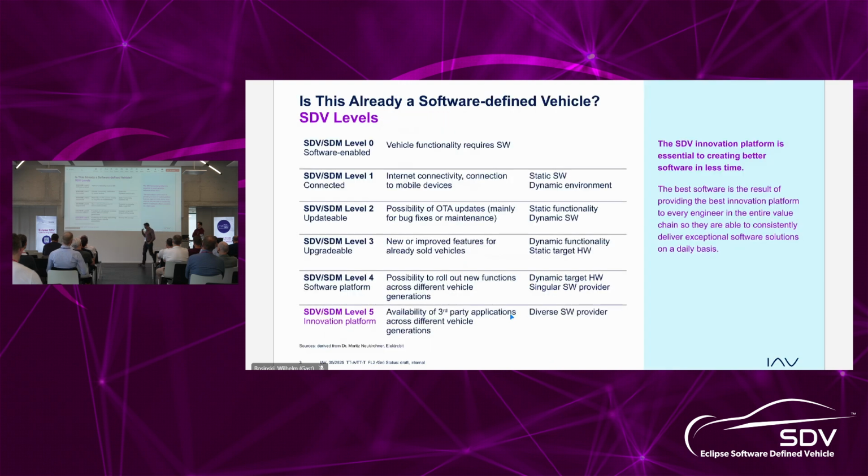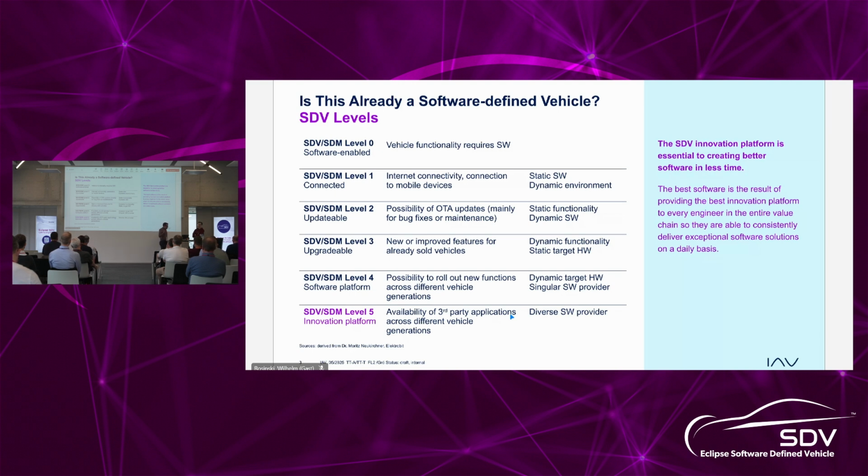So I like these SDV levels. And the last SDV level, maybe the fifth or sixth or seventh one, is every time something like an innovation platform. Today I say little about innovation platforms. But here we have diverse software providers, third-party applications, something like this.